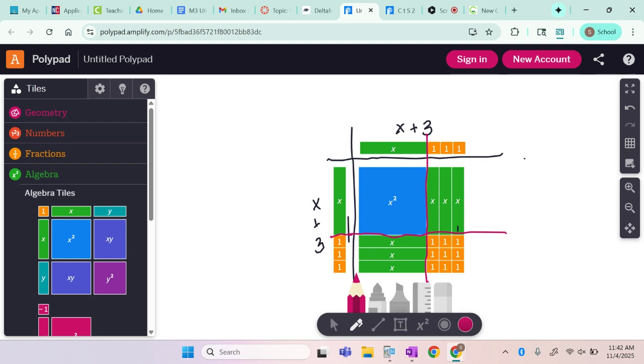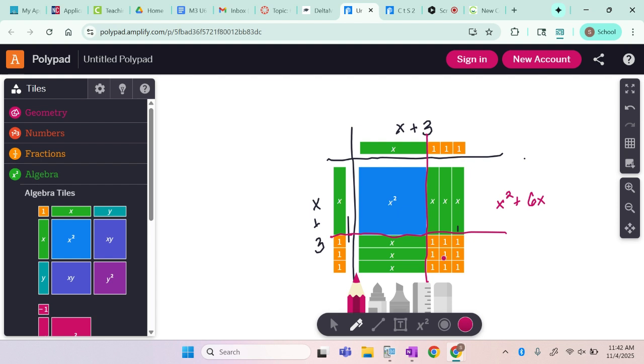Now, if you add up everything on the inside, what would the polynomial be? How many x squareds do I have? 1. So we have x squared plus how many x's? Total in this entire picture, 6. There's 6 x's.